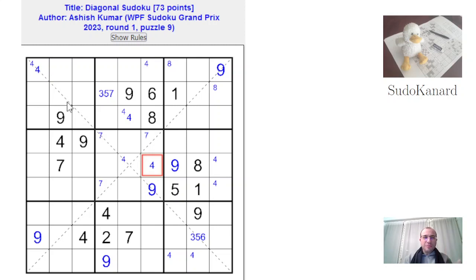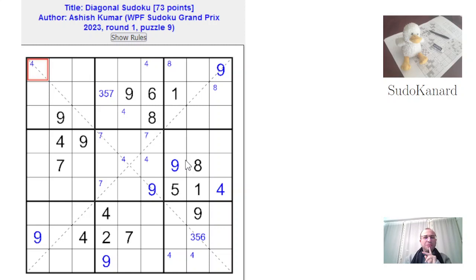Because we know that on the diagonal 4 is either here or there, and if it's not here, then by geometry it goes there. So we can pencil mark that 4 here is in one of 2 places, so we can eliminate this place for 4, and that is a certainty that 4 goes there.